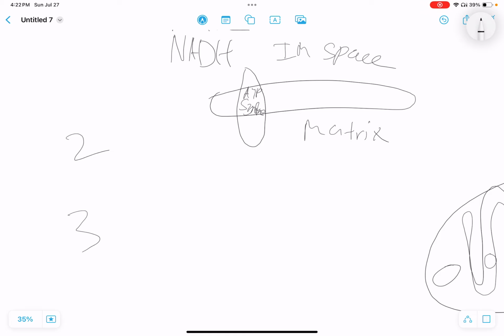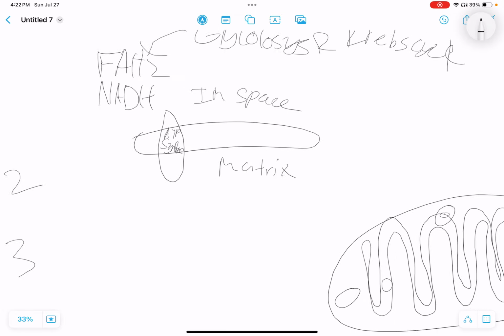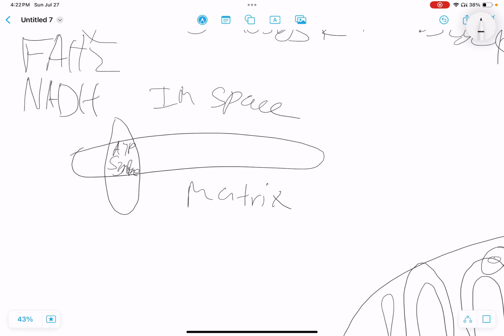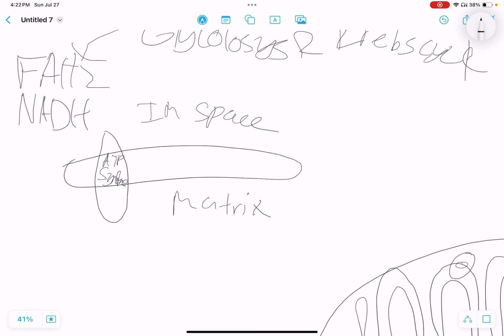So you have to get them into the mitochondria, while the Krebs cycle happens inside the mitochondria itself, so it doesn't have to spend that energy. So that's a good rule to remember, all right? Just remember that. So then when it drops off the electrons, it becomes NAD plus and FAD respectively.